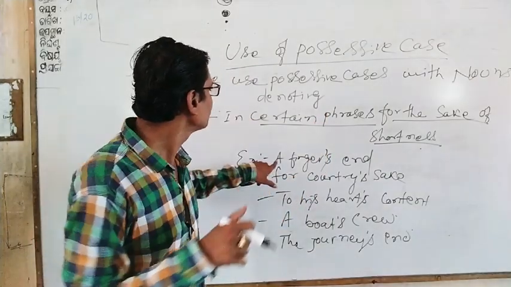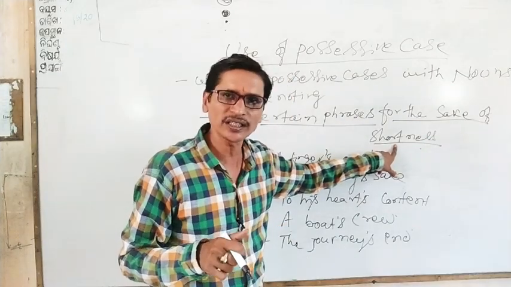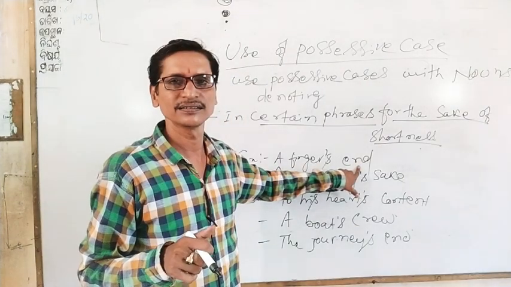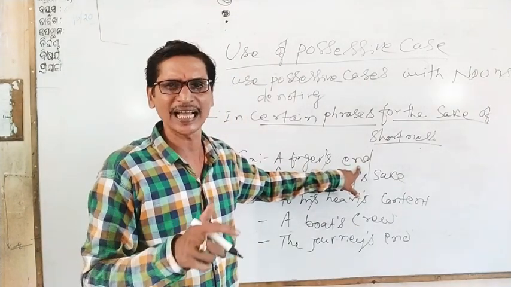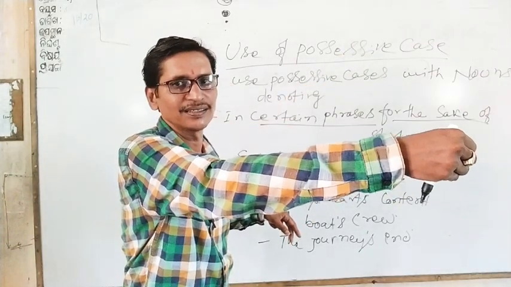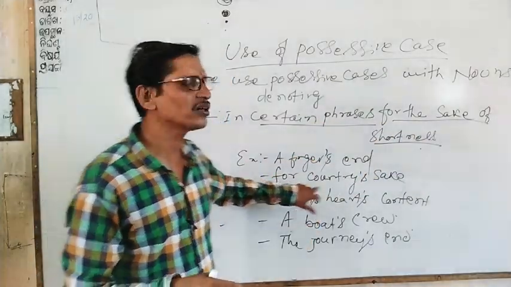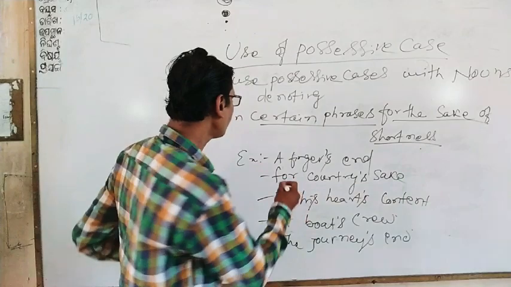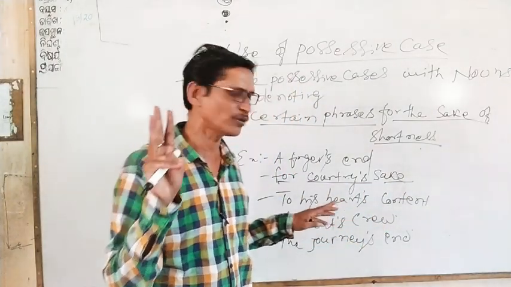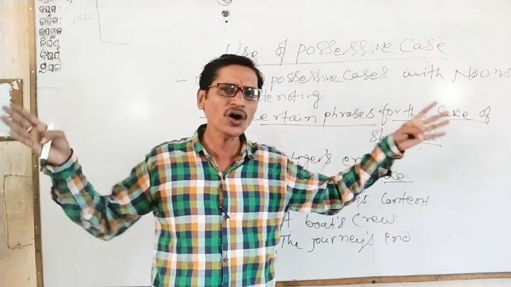For example, you see, in certain phrases, for the sake of shortness, here you say a finger's end. A finger's end. That means end of the finger. Similarly, for country's sake. For country's sake means here you have used 3 words. For the sake of our country means it is a long statement.